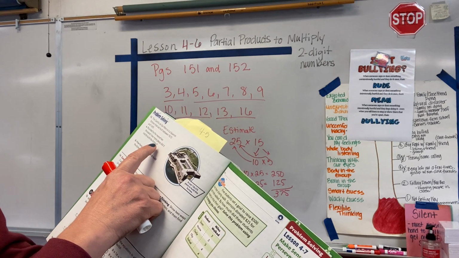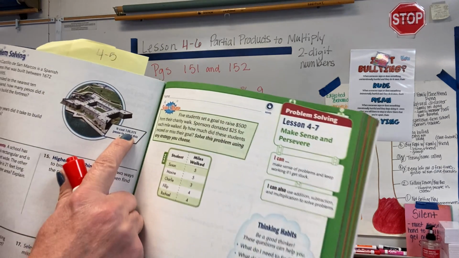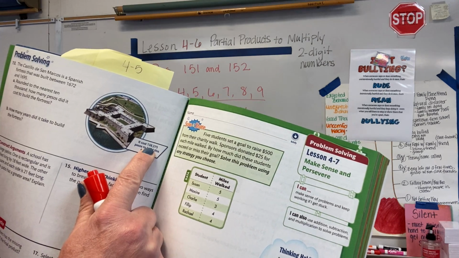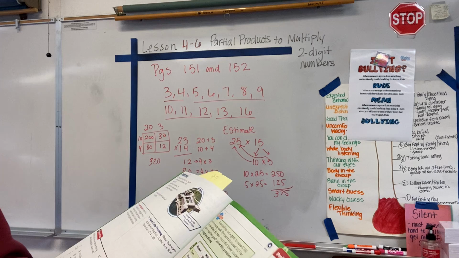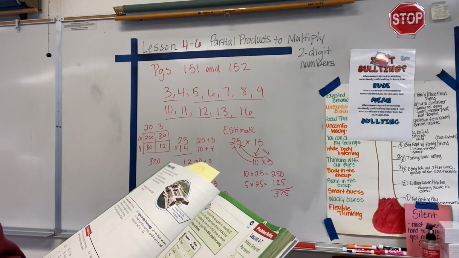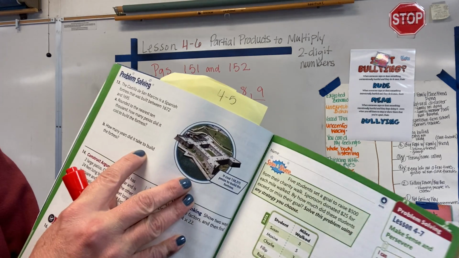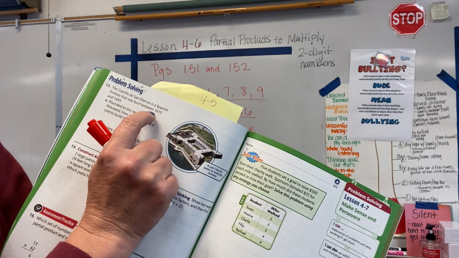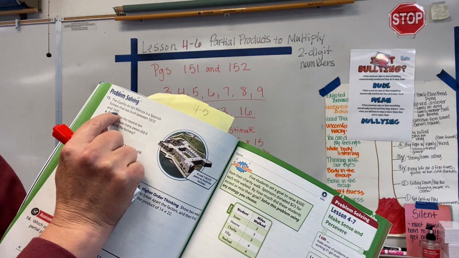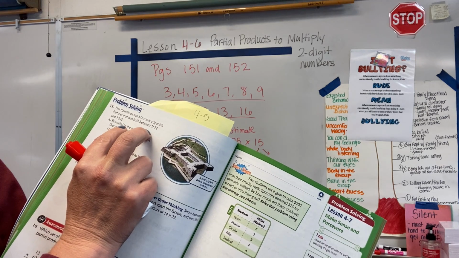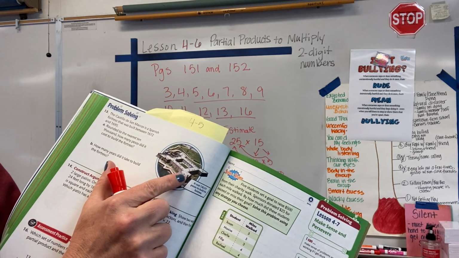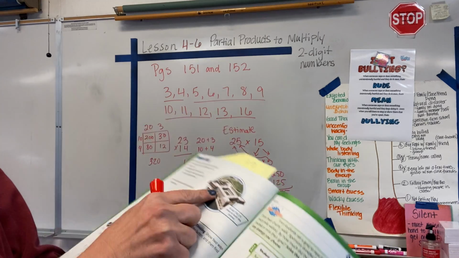Round to the nearest 10,000. So find the 10,000th place, and then round to the nearest 10,000th place for about how many pesos it cost to build the fortress. And then it said how many years did it take to build the fortress. So it took between 1672 to 1695. So you had to find out how many years between those two dates did it take. That's how much time it took to build.